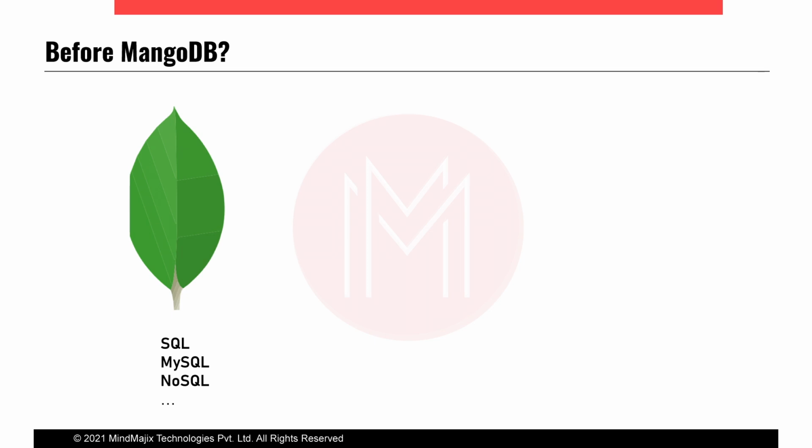All of this is satisfied in MongoDB. Before MongoDB we had SQL, MySQL, and NoSQL. MongoDB handles unstructured as well as structured data, with no need for many commands. From a programming point of view, we integrate it using JSON. This is the basic idea about MongoDB.